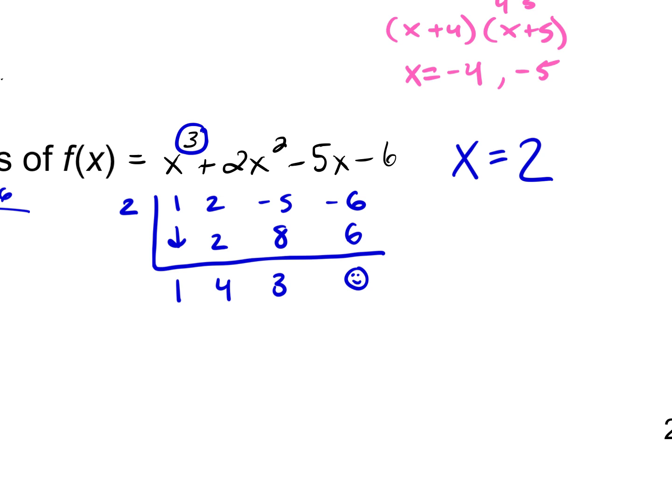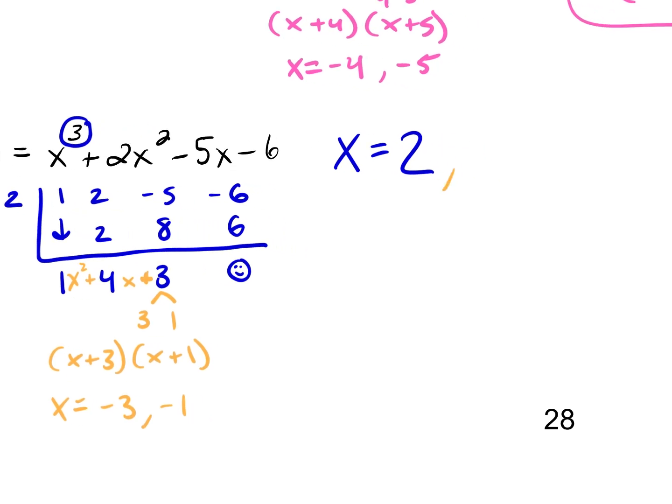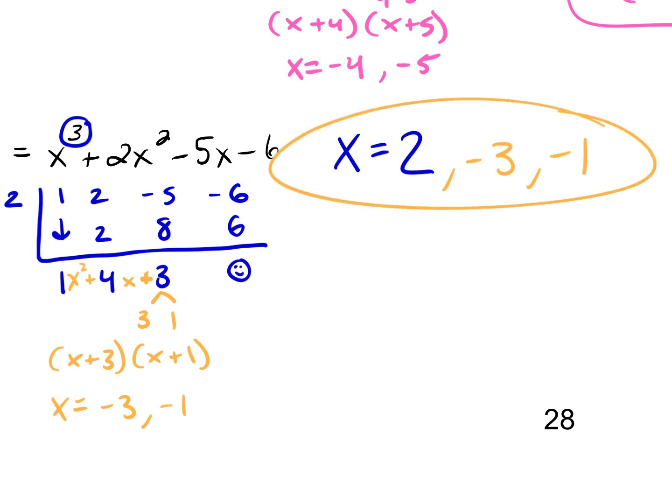If I start with x to the 3rd power, my answer here can now start with x to the 2nd plus 4x plus 3. Can I factor this? Yeah. What are 2 factors of 3 that add to 4? 3 and 1. So x plus 3, x plus 1. So x equals what else? -3 and -1. Perfect. So I have 2, -3, and -1. So these would be my zeros.